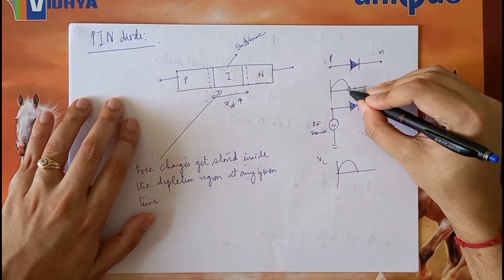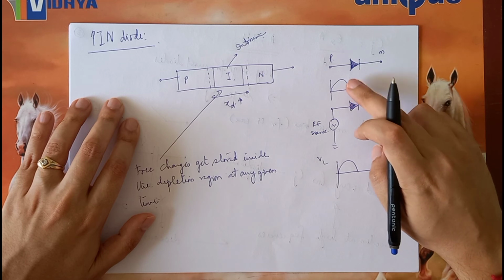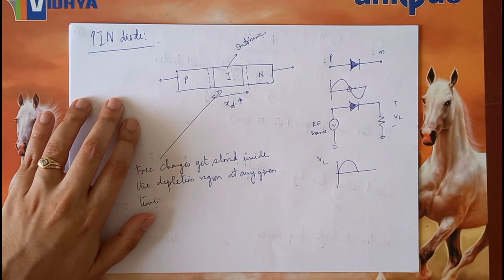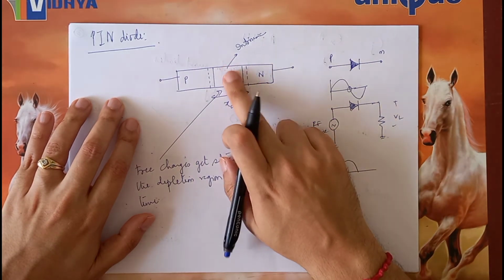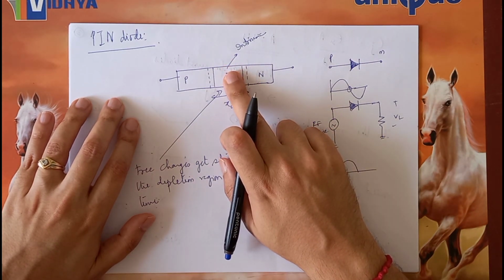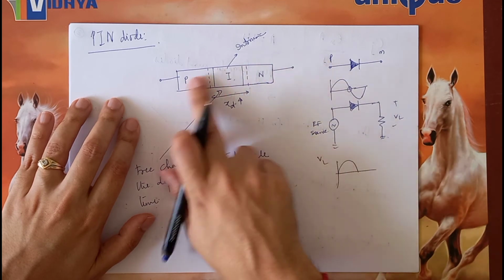Now, at this point, when the bias suddenly goes from positive to negative, the diode does not switch off immediately. The stored charges, because of their inertia, are still trying to cross.